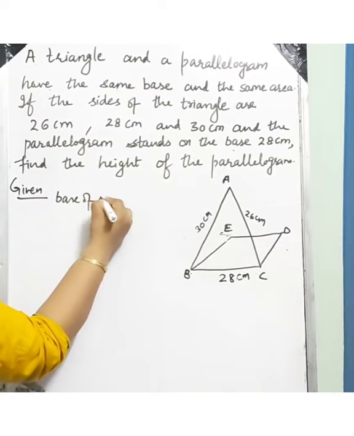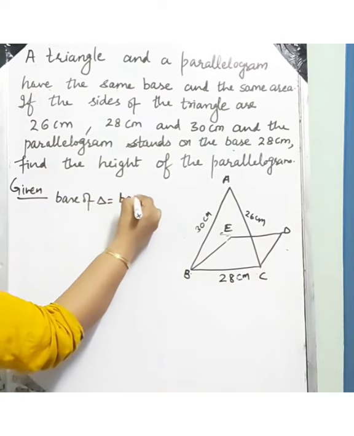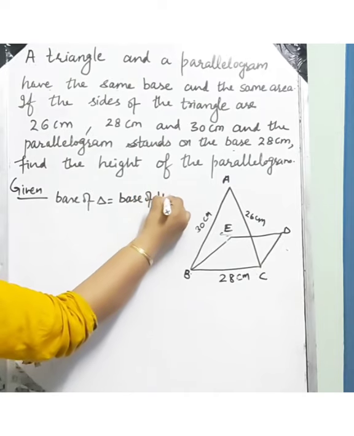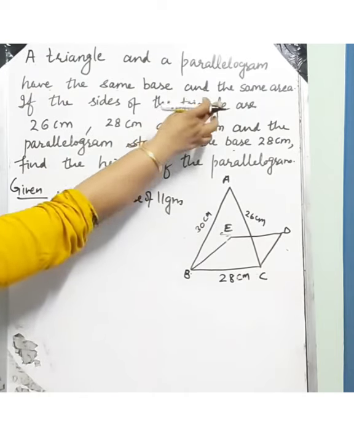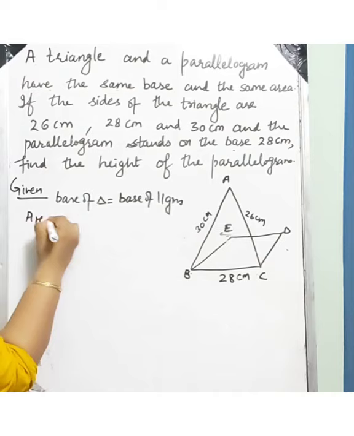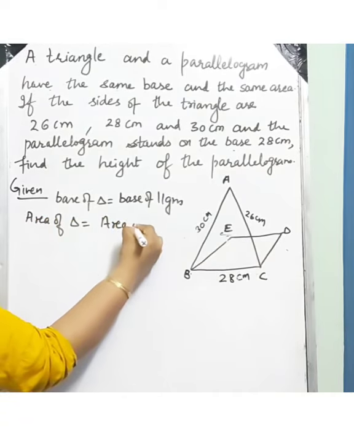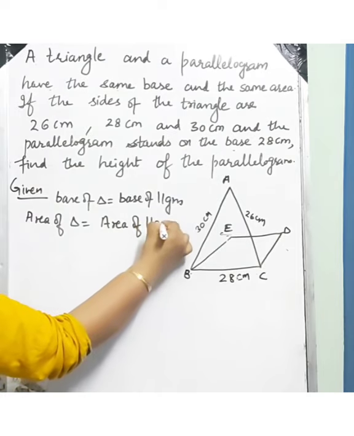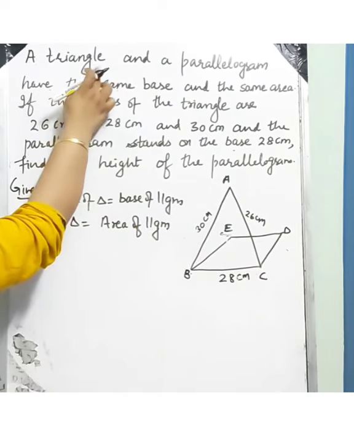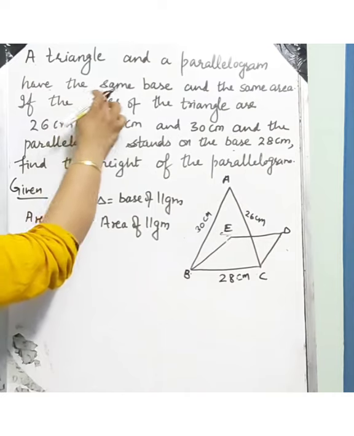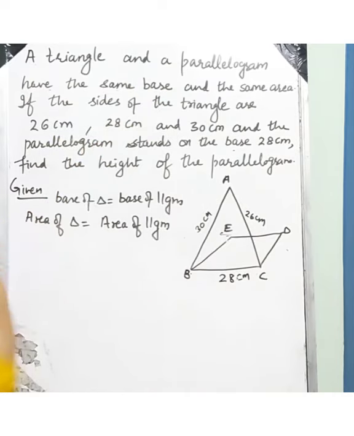Base of triangle is equal to base of parallelogram, and they have the same area. Area of triangle is equal to area of parallelogram. Now it is given in the question, a triangle and a parallelogram have the same base and the same area.